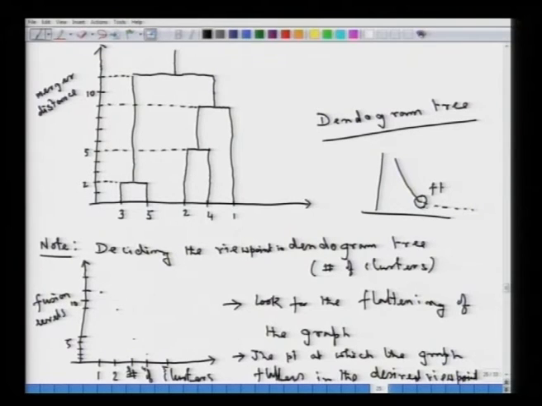There will be a number of clusters, say G, for this particular point, and this G is usually taken as the viewpoint for looking at the number of hierarchical clusters that are formed from this data set.